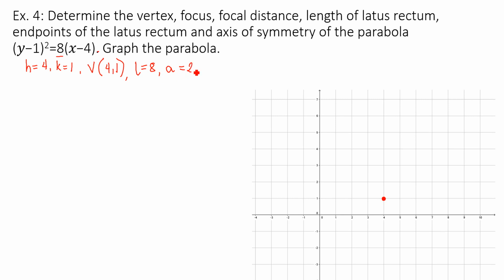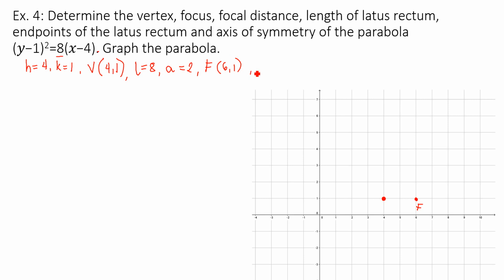So in other words, since it's open to the right, we can now count 2 units from the vertex. So that's 1, 2. So this is our focus. The focus must be at (6, 1). Then the focal distance is 2.